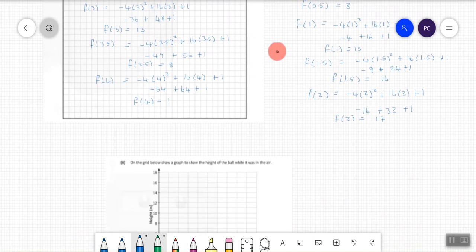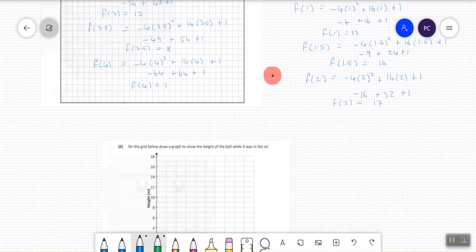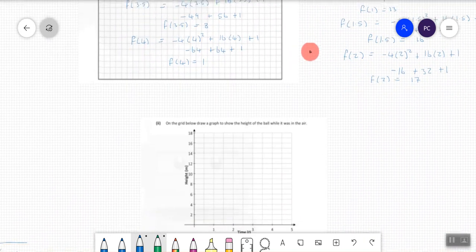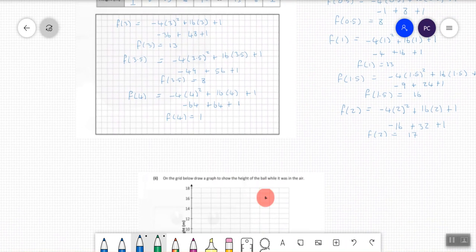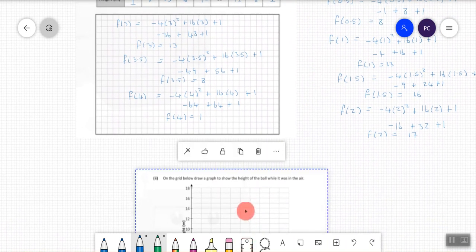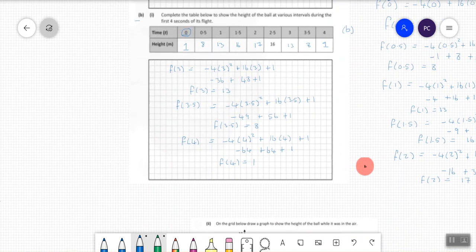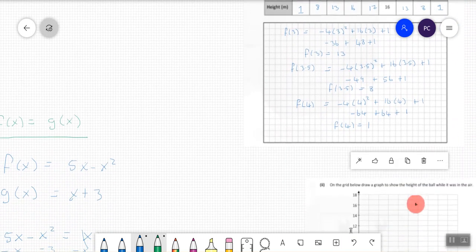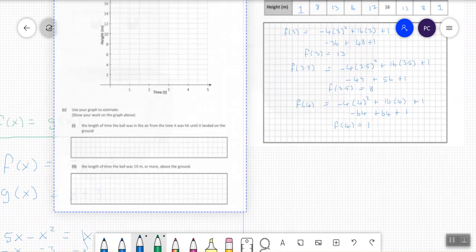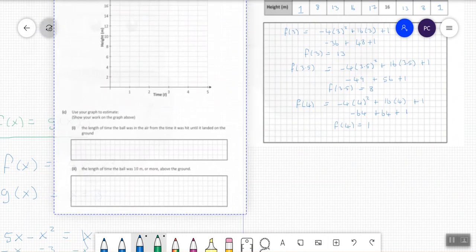So the next part then is on the graph below, show the height of the ball while it was in the air. Okay, so what we want to do now is take these measurements here and plot them on this graph. So what I'm going to do is move this up to one side here, so we can actually see it a bit better.